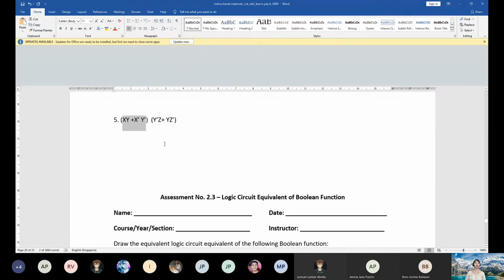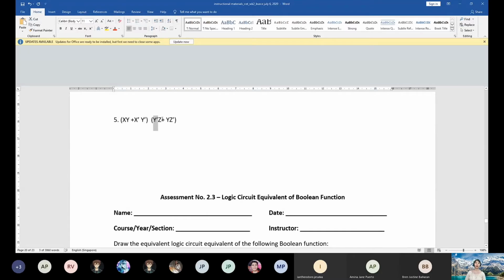Hello, class? AND gate, OR gate po. Okay, so we may use AND gates, OR gates, and inverter. But again, as we have discussed, whenever we have xy plus x prime y prime, this is actually 1, 1 plus 0, 0.